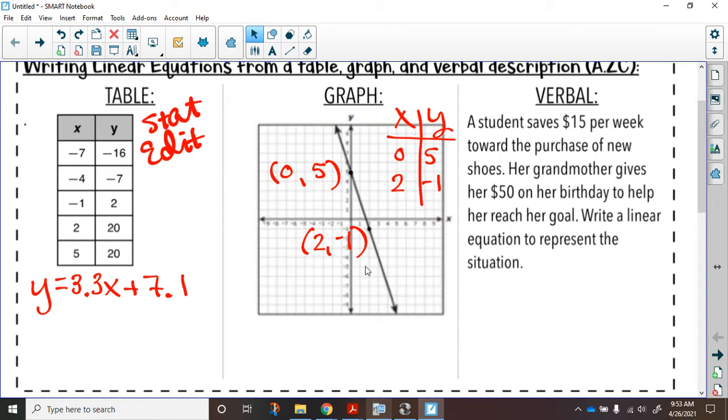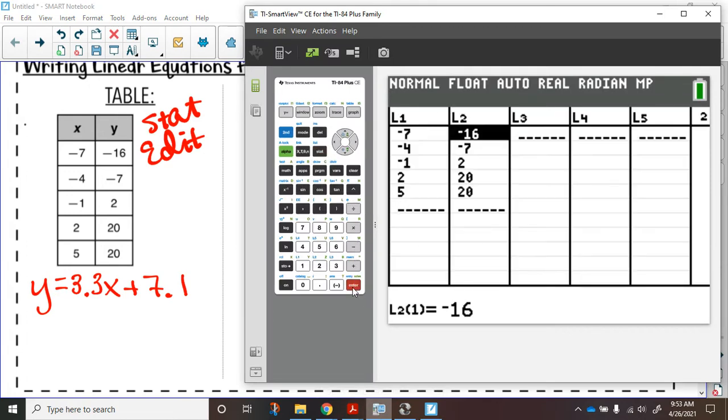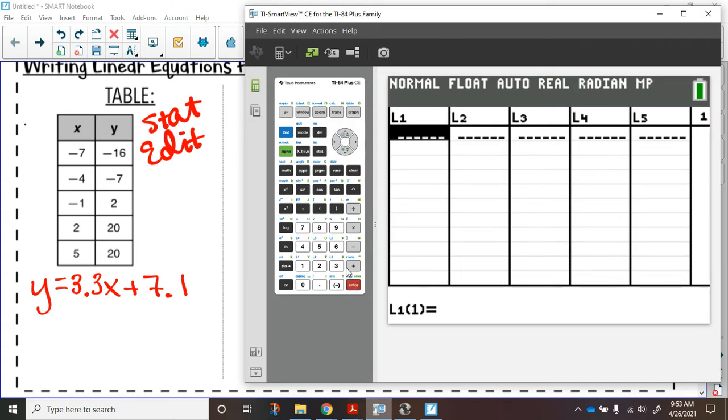Again, we're going to plug these into StatEdit. So press stat again, enter to edit. To clear these numbers out without deleting the column, we highlight the title, press clear, enter. Again, highlight the title, clear, enter. And I can type in my new numbers.